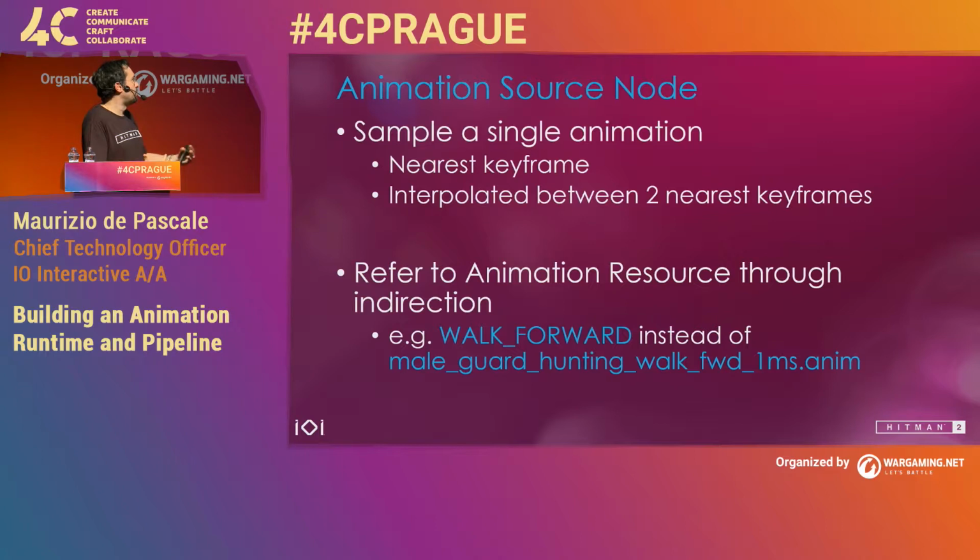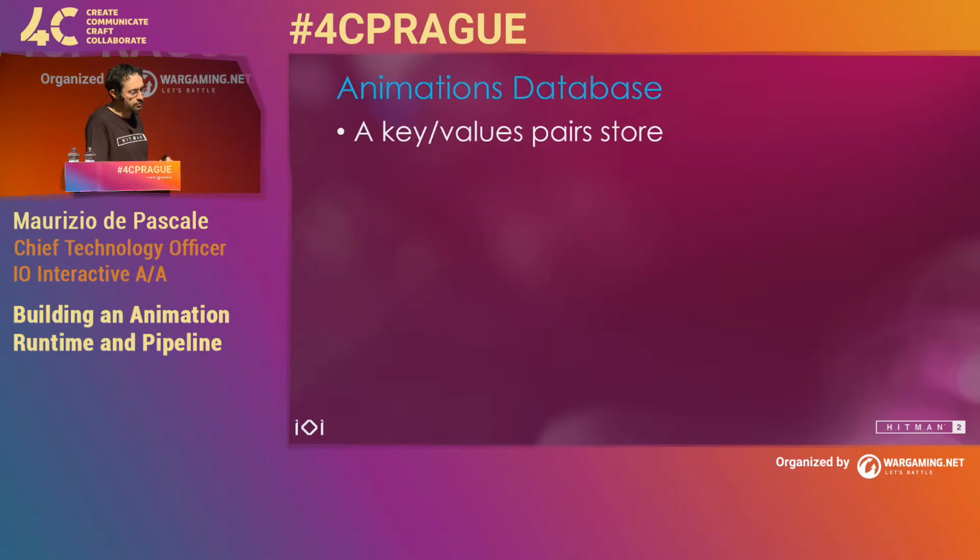This lookup is only done once, so from a performance point of view, it doesn't cause any trouble, but it comes with a number of additional benefits. So the animation database is pretty much a glorified key value store. The keys are high-level names for animations, stuff like jump forward, crouch, stand idle, things like that. And the values in this mapping are the actual resource IDs for the actual files that you're going to be loading into memory and using.